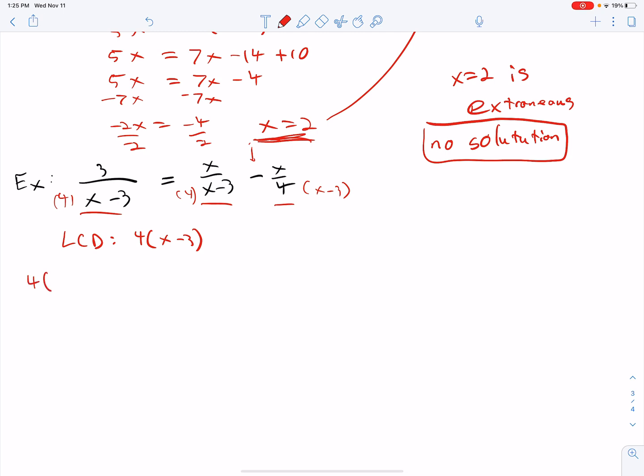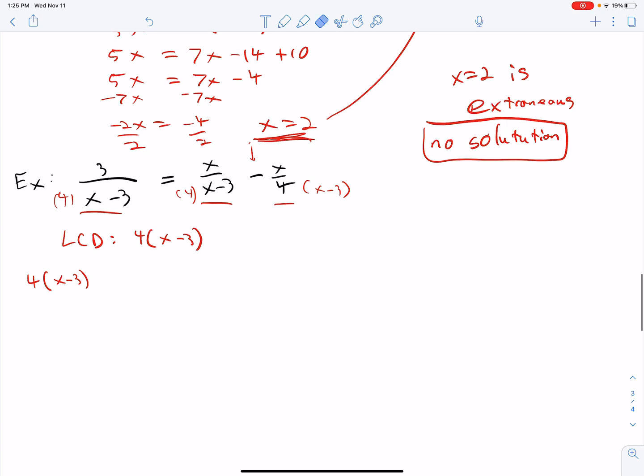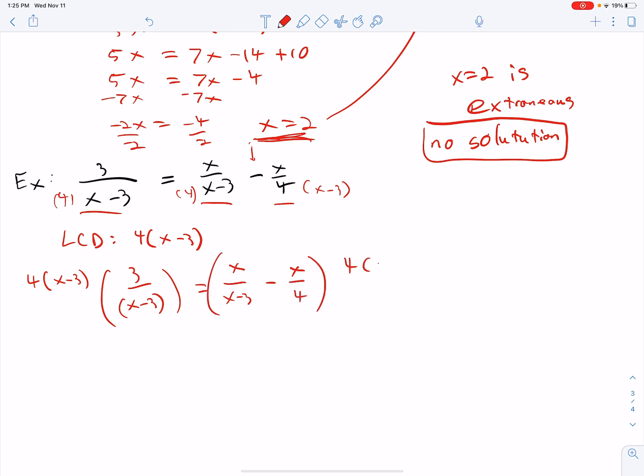So we have 4 times x minus 3 times 3 over x minus 3 equals x over x minus 3 minus x over 4 times 4 times x minus 3. So on the left-hand side, those common factors get canceled out.